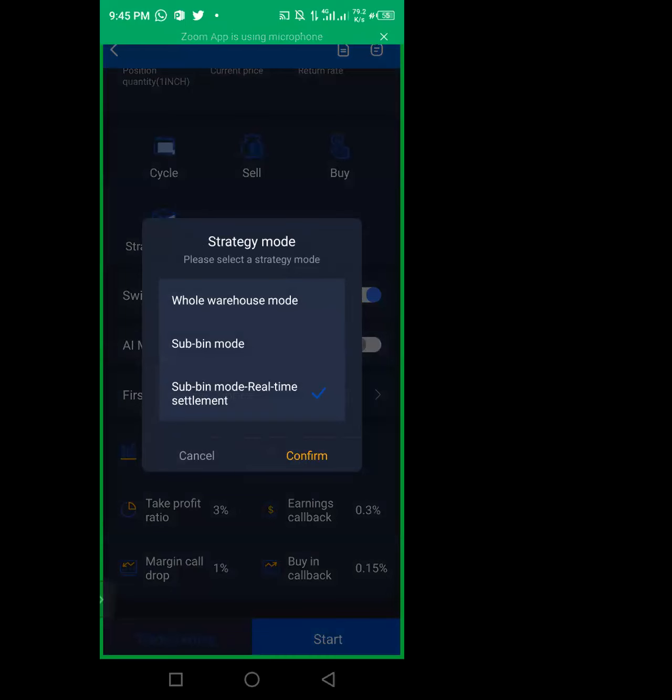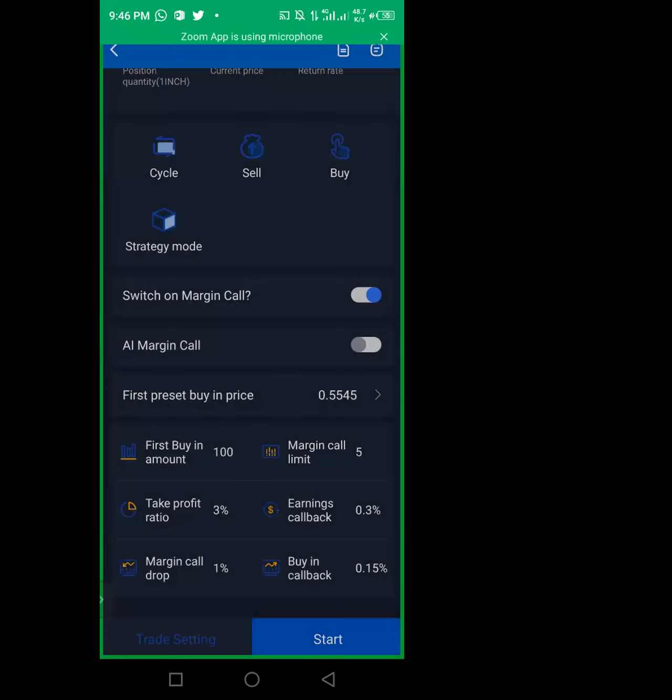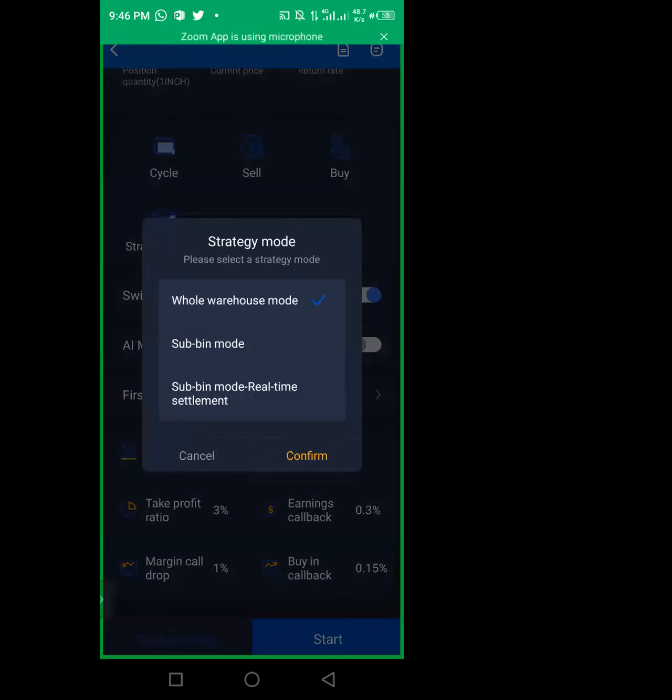So I hope I have been able to make it understood. It will not sell. This function, the sub-bin mode real-time settlement, is why we define RoyalQ as built to make profits for us even in the bear season when crypto is going down. You can only set the sub-bin mode real-time settlement when your margin call limit is higher than 4.